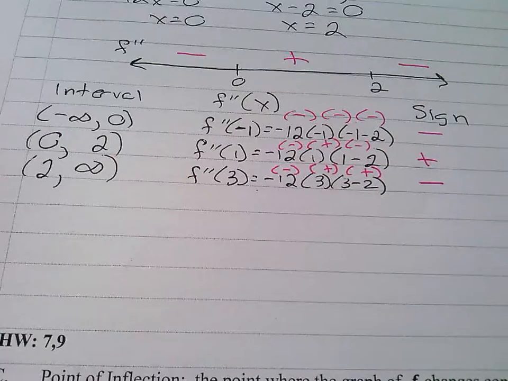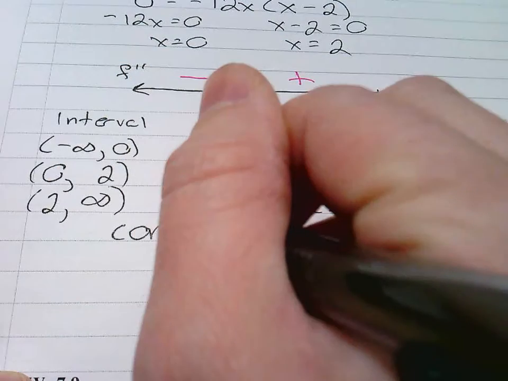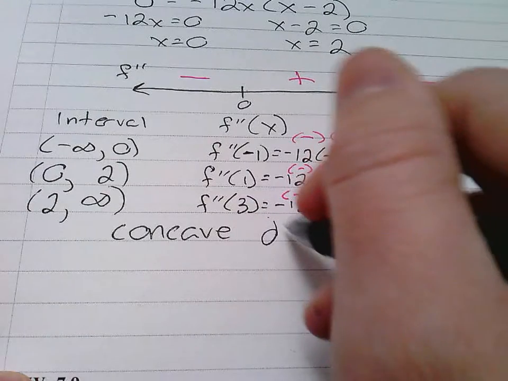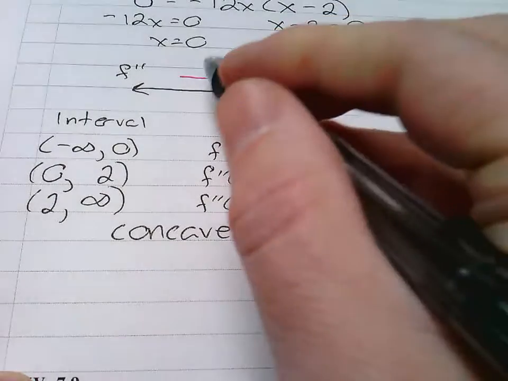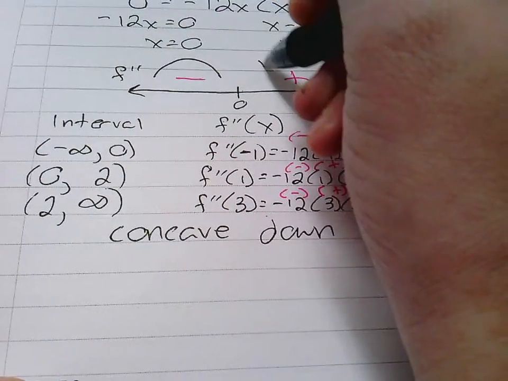So what this tells us is the graph is concave down where you see the negative signs, because if you were doing a graph, it's going to look like this. That's what it looks like.